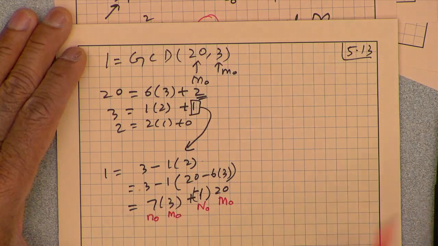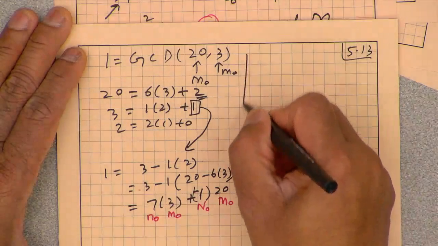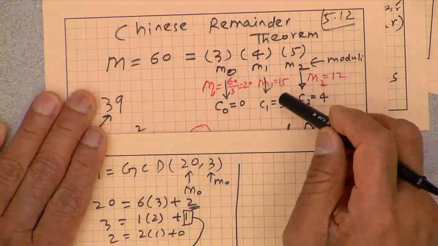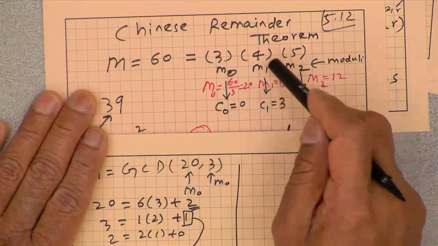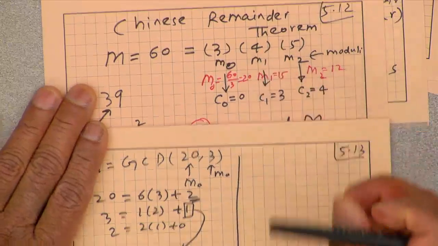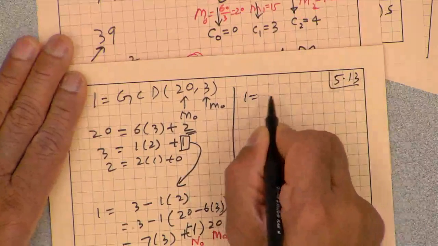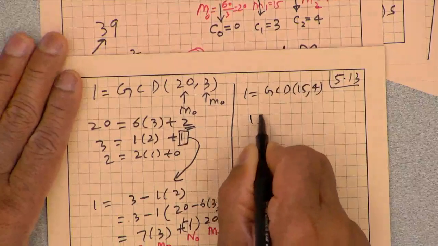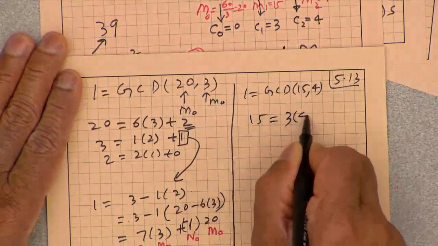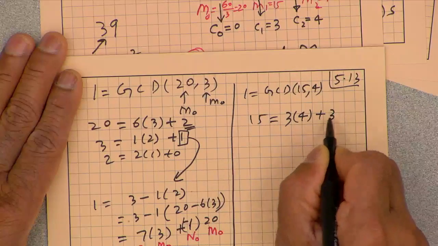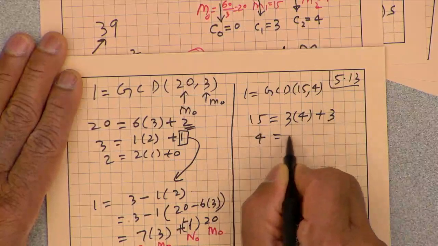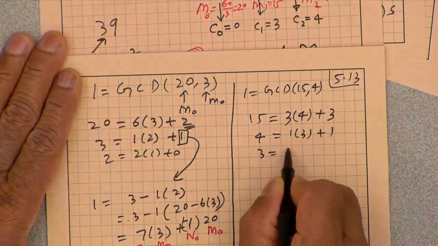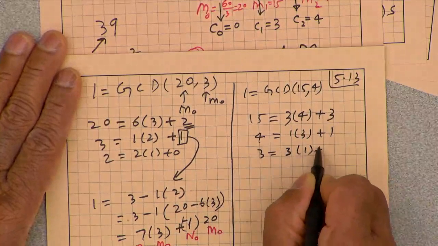Now I can do the same thing for the other two. Let's take M1, 15, and m1, 4. 1 is equal to GCD of 15 and 4. First, 15 is equal to 3 times 4 plus remainder 3, 4 is equal to 1 times 3 plus remainder 1, 3 is equal to 3 times 1 plus 0.